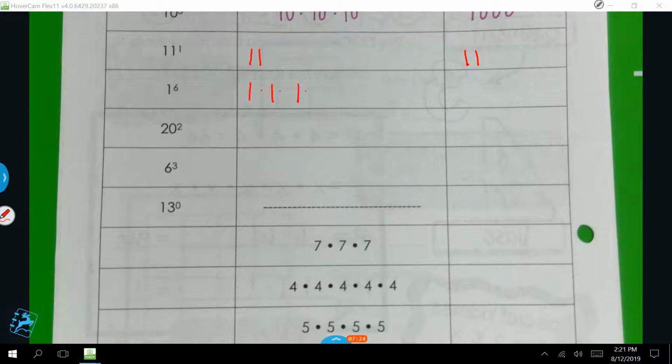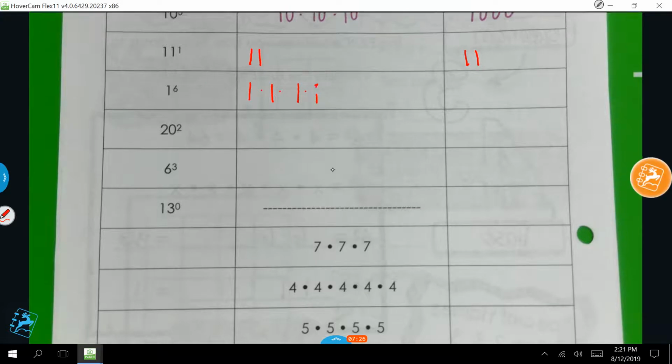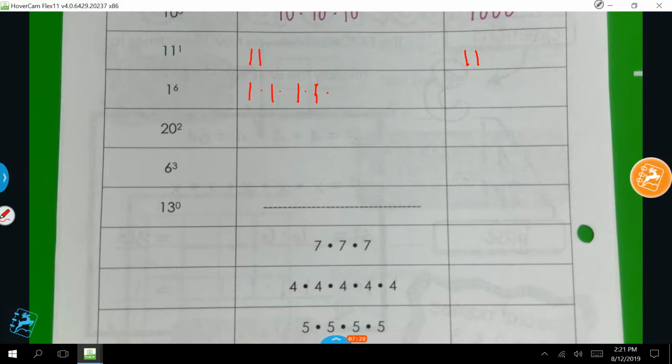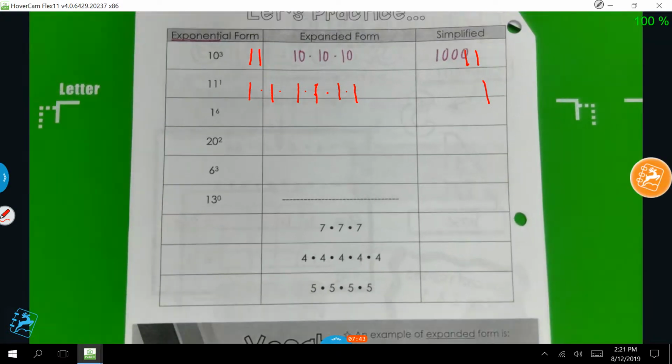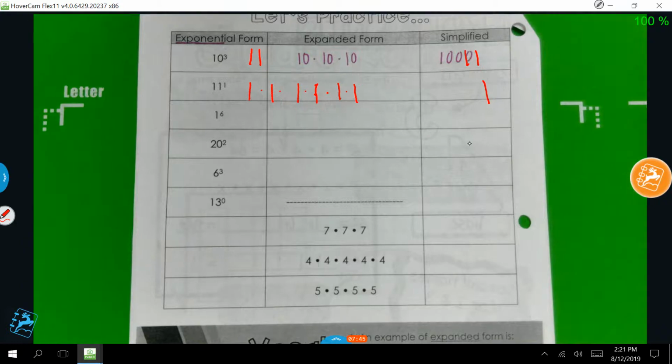Give me the next one. So 1 to the 6 means I'm multiplying that 1 6 times, and then simplified is 1. Good job, Corinne. You have to do it without your hand on it.